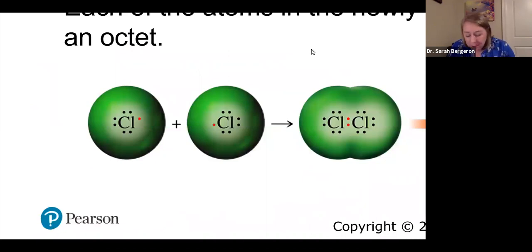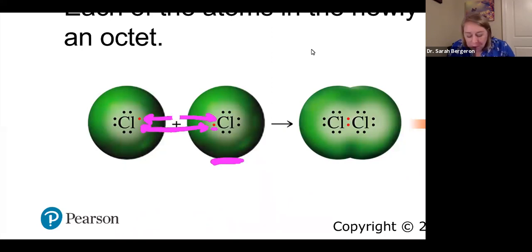So what happens is that this electron here spends half of its time with this atom and half of its time with that atom. And that makes this chlorine atom happy because now it's got 8, but the other chlorine's not happy. So this electron here is going to be shared half the time as well. It's going to spend half the time with one chlorine atom and half the time with the other chlorine atom.